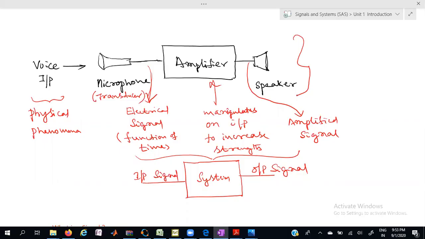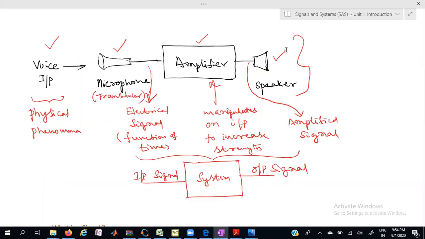Here you can see that a microphone captures the voice input, and that is given to an amplifier, and the amplifier is going to increase the strength of this weak voice input, and an amplified version of this signal is given to the speaker. So this is a simple mechanism which will increase the strength of a voice signal.